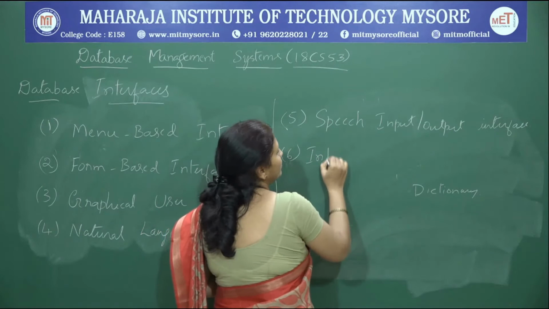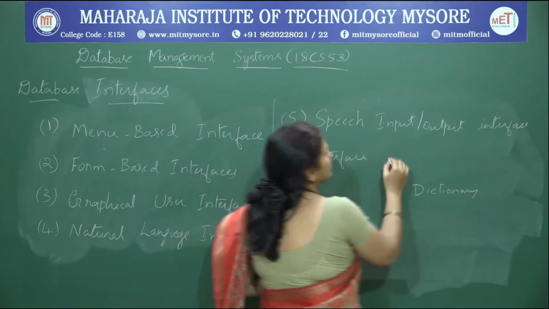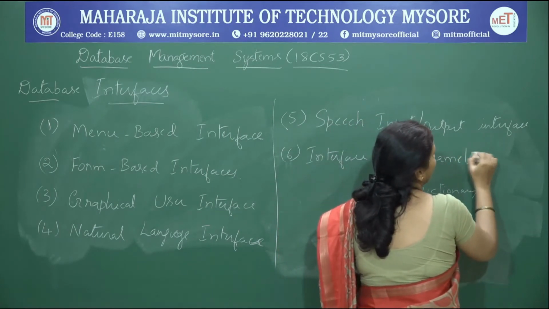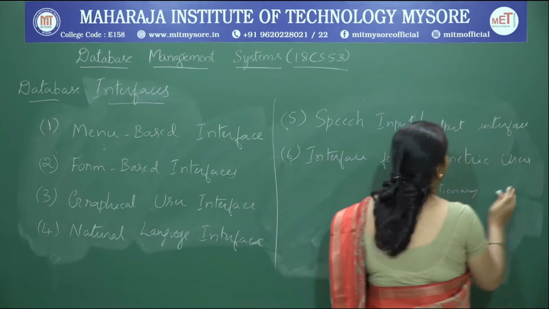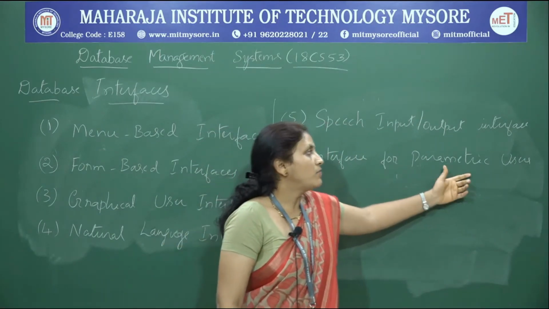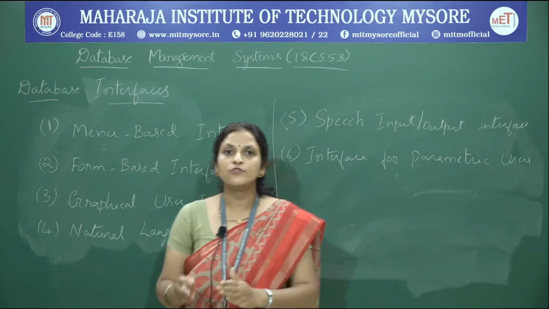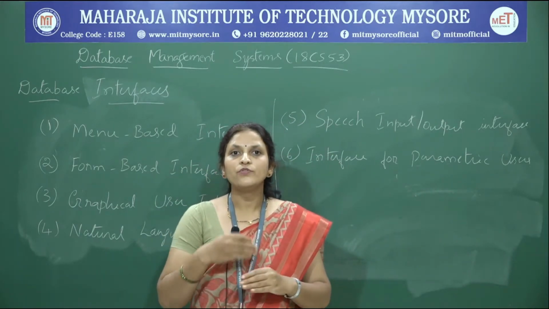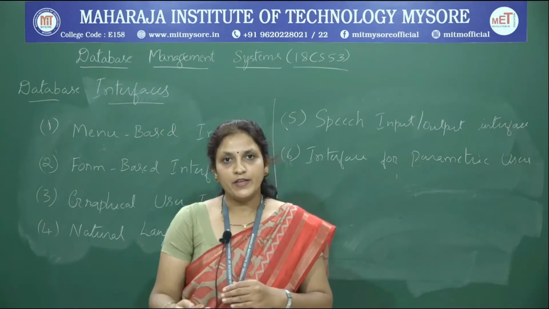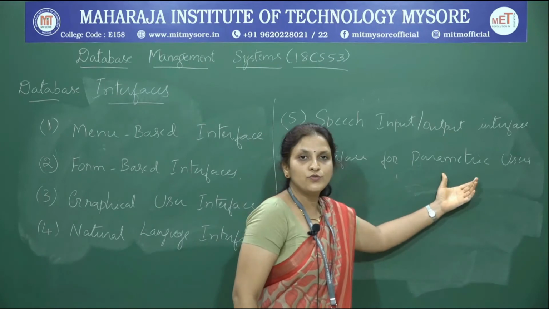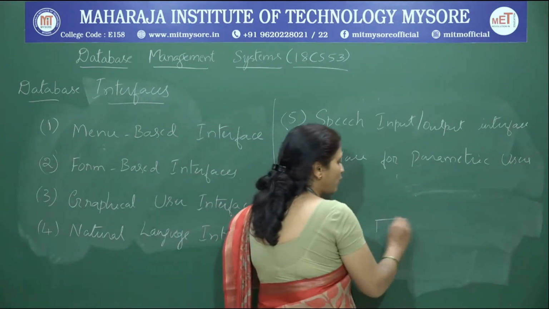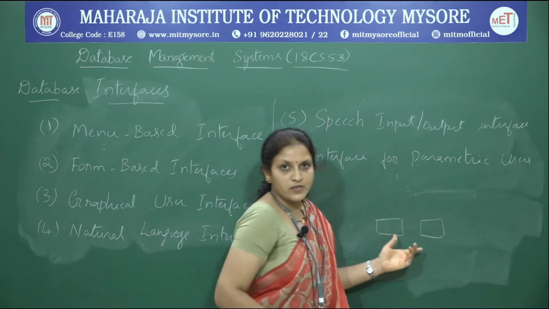Then comes an interface that is designed for parametric users. What do we mean by parametric users? We have already seen that, right. A parametric user is nothing but a category of user who is going to make use of the same set of queries repeated times, only the input will vary, right. So, for such parametric users an interface will be designed with the functionality as buttons or something like that.